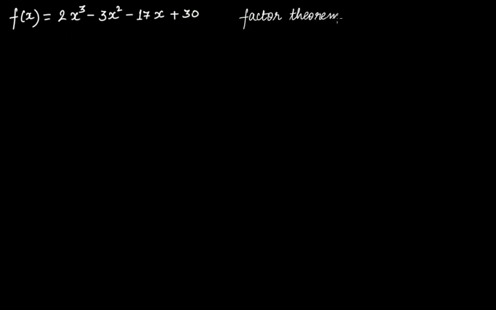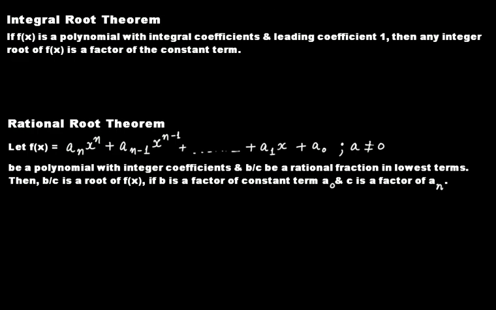Okay, so if this is the condition that you have to use the factor theorem, in that case what you have to do is use this rational root theorem. It says f(x) is a representation of a polynomial of nth degree, be a polynomial with integer coefficients.